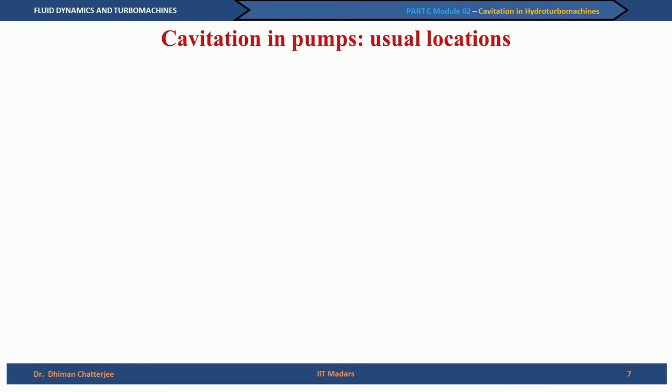So, first we are going to talk about cavitation in pumps, and we are talking about the usual locations. Where should we expect the cavitation to occur? If we look at pumps, we know that there is an increase of pressure from the inlet of the blades to the delivery side, to the outlet of the blade.